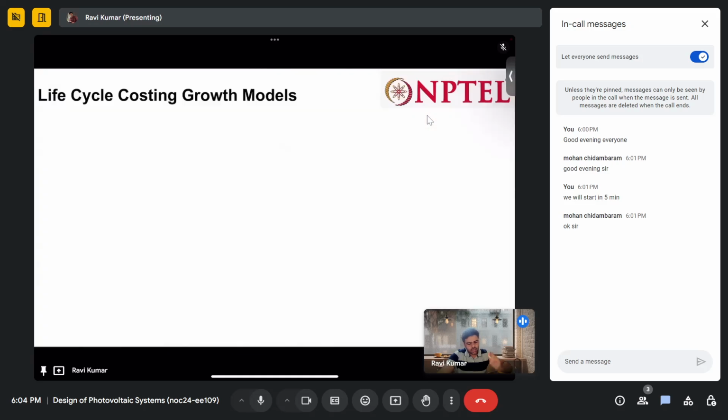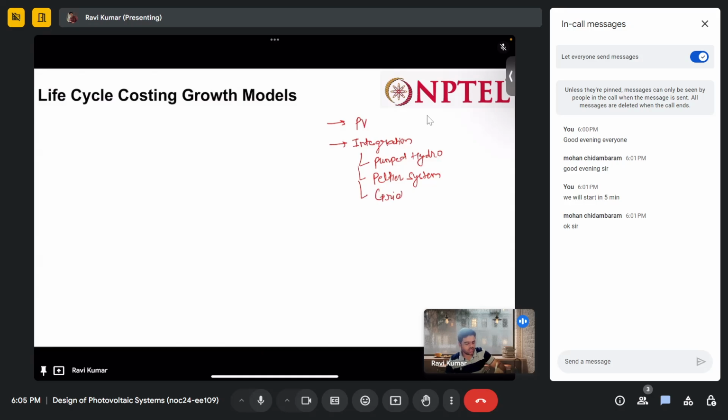So up till now, we have seen basics of PV, that is the photovoltaics, then integration of photovoltaics with pumped hydro, then Peltier system, and also with grid.